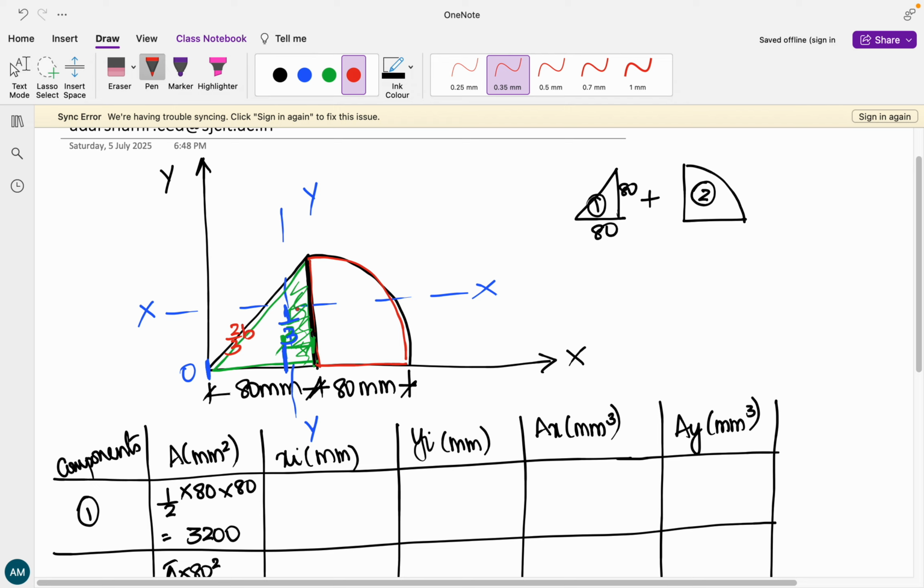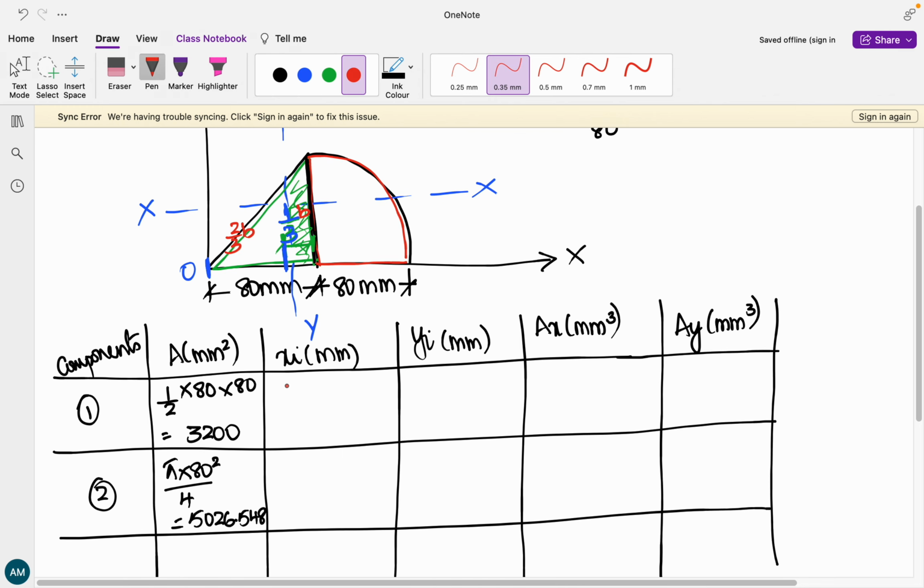If you are taking it along the breadth, it is going to be the base B; if you are taking it along the height or depth, it will change. So here it is 2/3 into 80, which is 53.33.